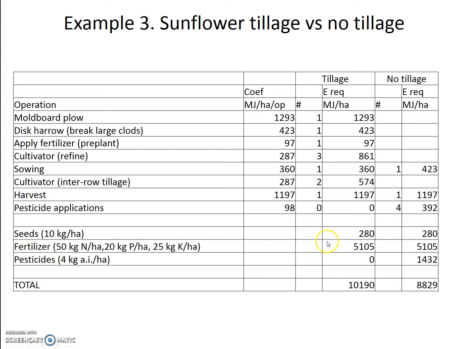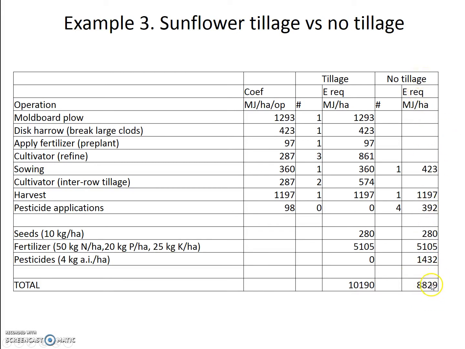Then the amounts of materials are different because in intensive tillage we don't apply pesticides, but we do apply 4 kilograms of active ingredient per hectare when we apply no tillage. The total energy requirement for intensive tillage is 10,000 megajoules per hectare per year, and close to 9,000 for no tillage.